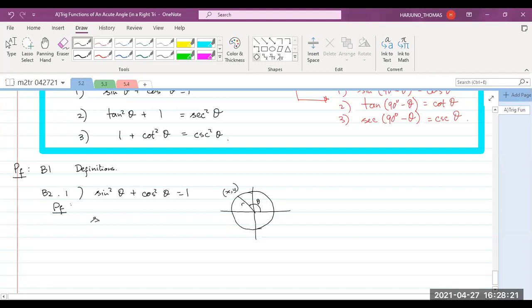So sine squared theta plus cosine squared theta, that's the left-hand side, that will be equals to y over r squared. I'm sorry, I have a square here. Plus cosine theta is x over r squared. That is equals to y squared over r squared plus x squared over r squared.